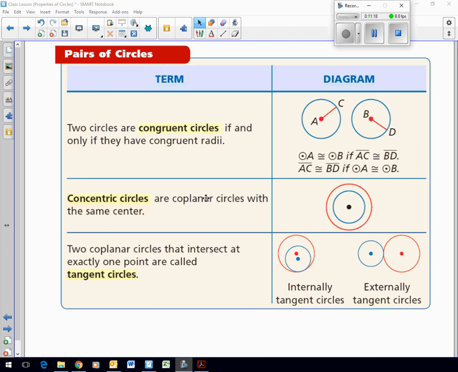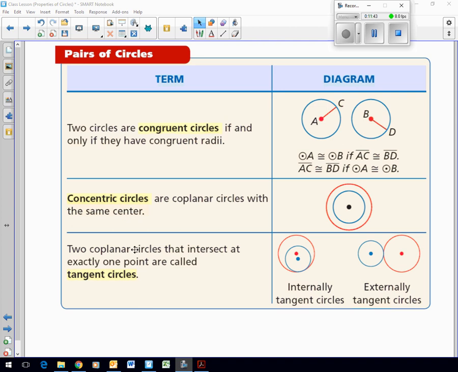Concentric circles are coplanar circles with the same center. So concentric circles, okay, just one circle inside of another circle. Could I have 3, 4, 5? Have y'all ever seen a bullseye target or a dartboard? Concentric circles, right? You can have as many as you want.